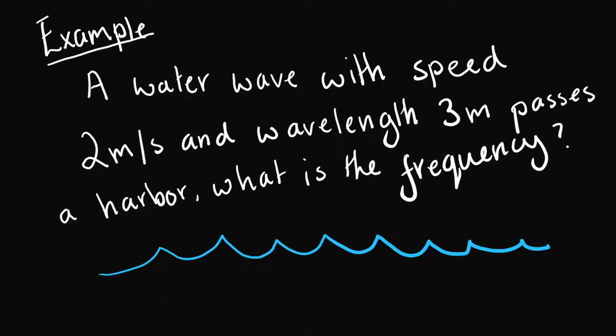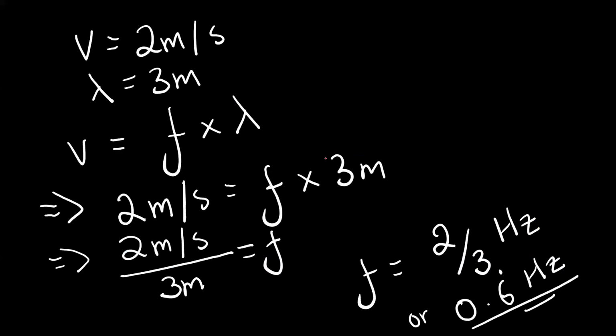So here we go, an example. A water wave with speed 2 meters per second and wavelength of 3 meters passes a harbour. What is the frequency? So V equals 2 meters per second, lambda equals 3 meters. What I would do is substitute the values we have. So that's V going in there, and lambda we're going to put in there. Before rearranging, I'd put the numbers in.